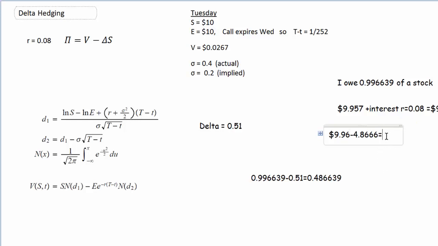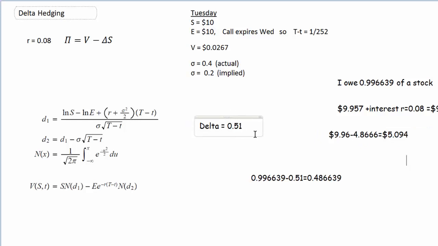And that'll leave me with a little bit of cash. How much cash? Let's figure that out. That should leave me with $5.094. So that's how much cash I have.